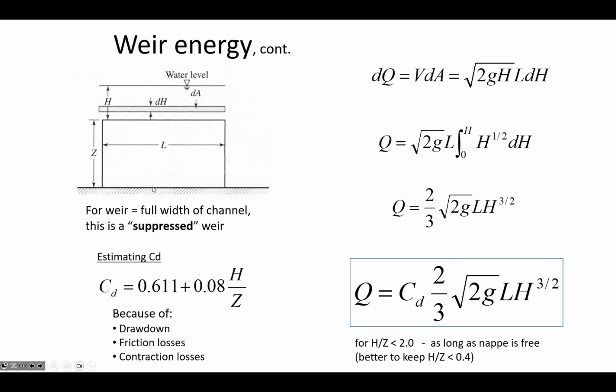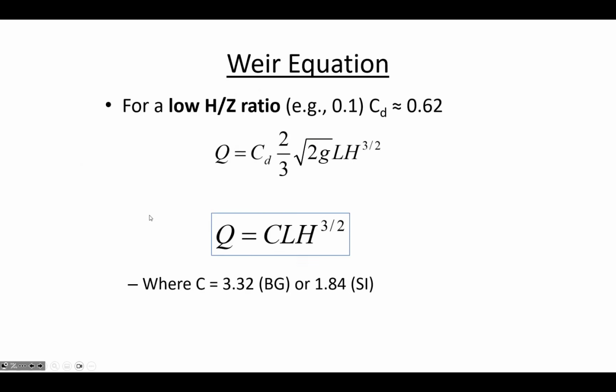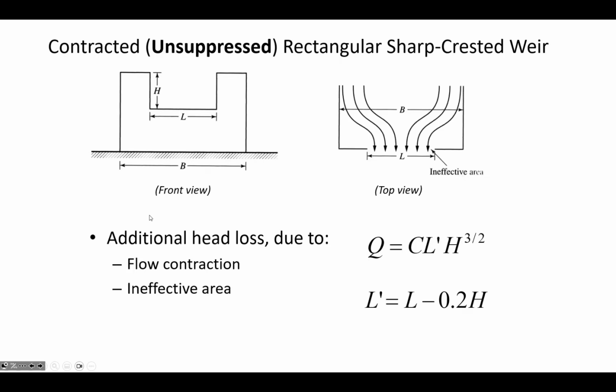So like the sharp-crested weir is the full width of the channel, then we call that a suppressed weir. But if the weir is only like in part of it, and the weir is maybe just the blue section in the drawing, this would be called unsuppressed. And we have to make a correction in the case of an unsuppressed weir.